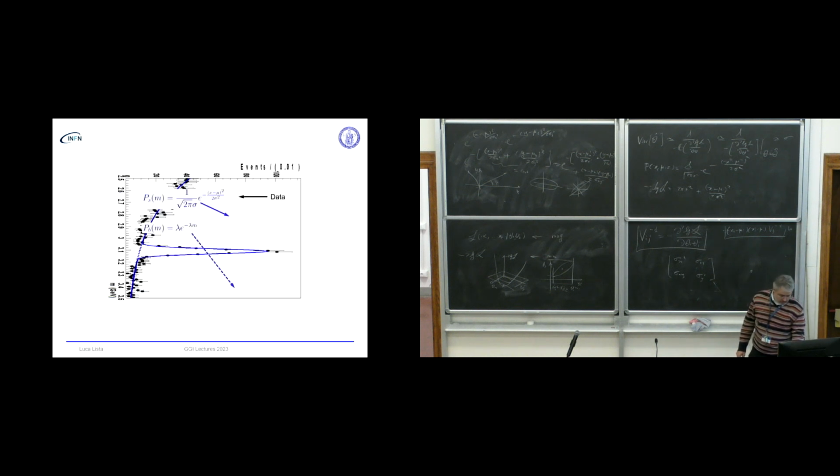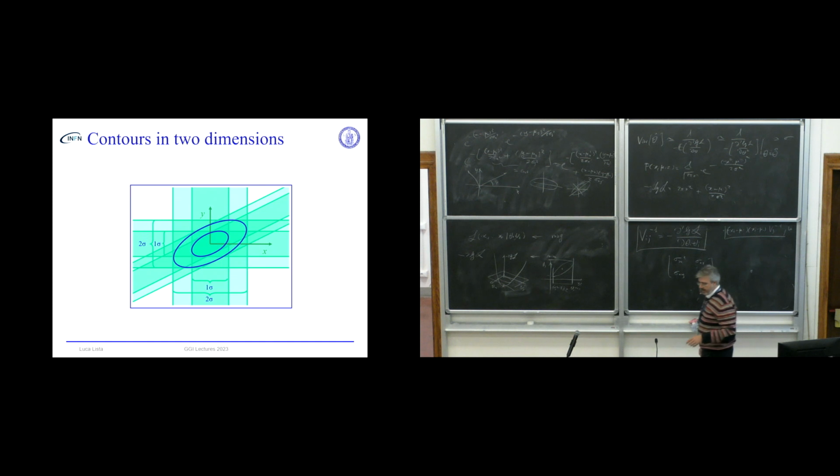Something which is worth noting is that if you take a two-dimensional Gaussian, and you take the area of this 2D ellipse, it is not 68%, but much less. It is 39.4%. So in some papers, you see that they quote the delta log likelihood equal 1 contour, and this means this.